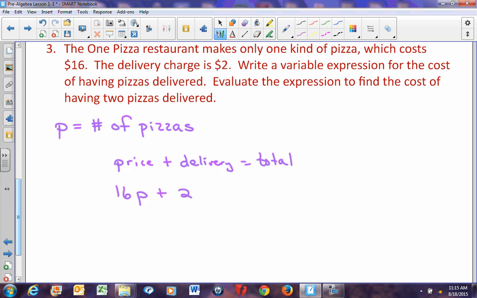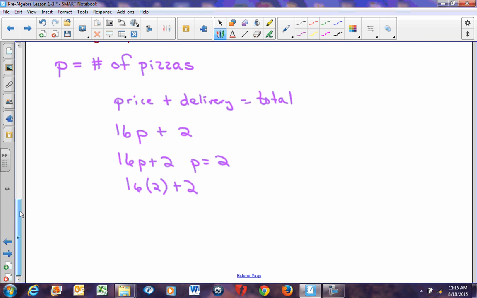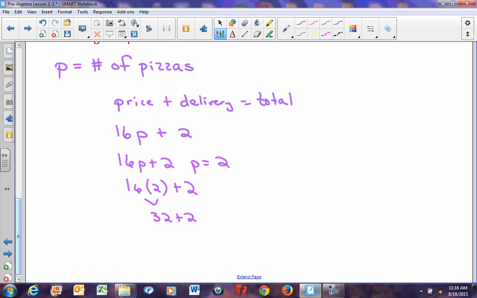variable expression. And then last but not least, I have to solve this variable expression, 16p plus 2, if p equals 2. So 16 times 2 plus 2. 16 times 2 is 32, plus 2 is $34.